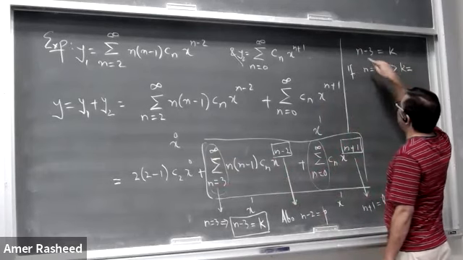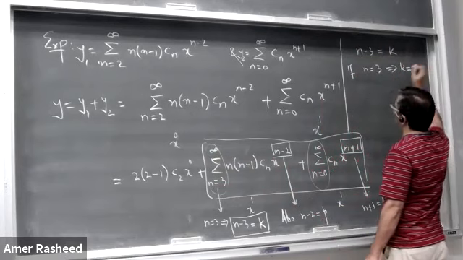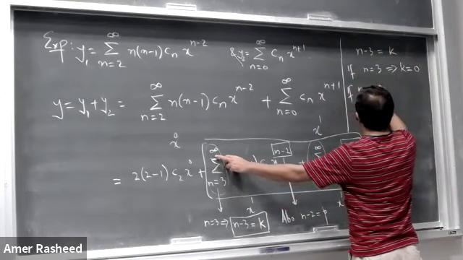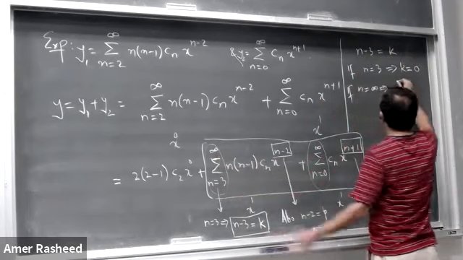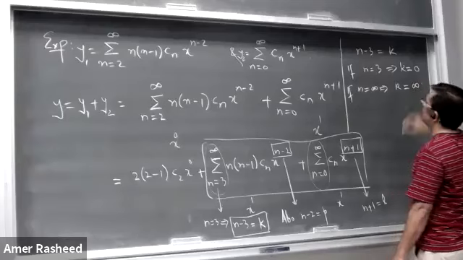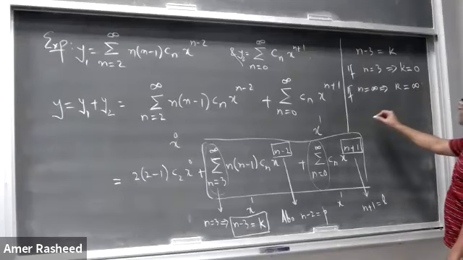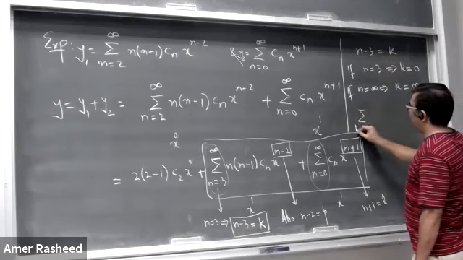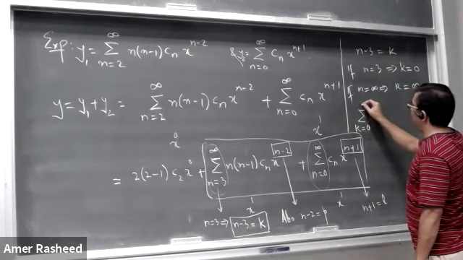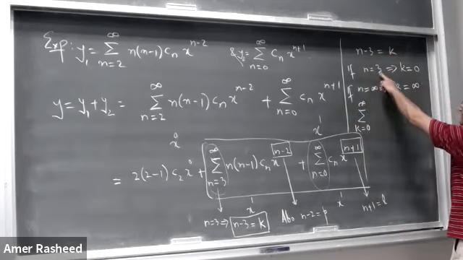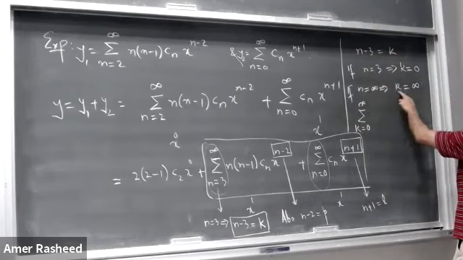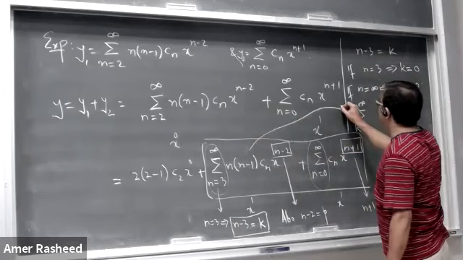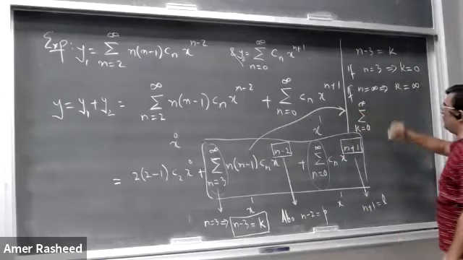When n is equal to 3, k must be equal to 0. And if n is equal to infinity, then k should again be infinity. Now the summation term has been changed from n minus 3 to k. So k is from 0 to infinity, because when n is 3, k is 0, and when n is infinity, k is infinity. So the summation term of this series has been changed now.